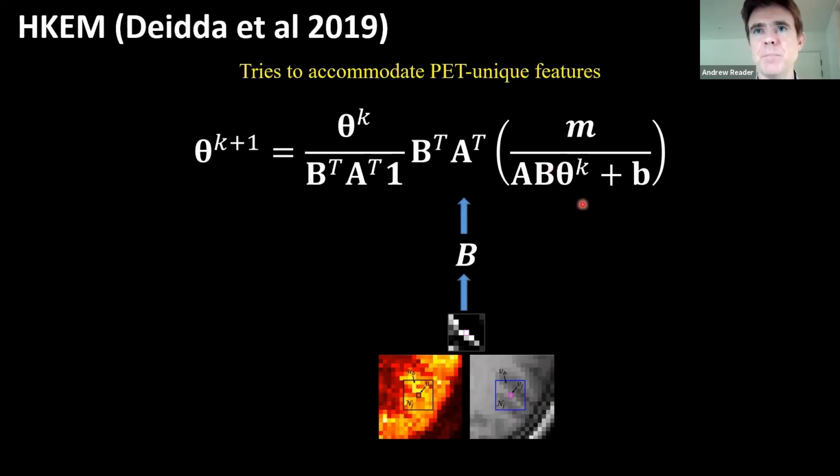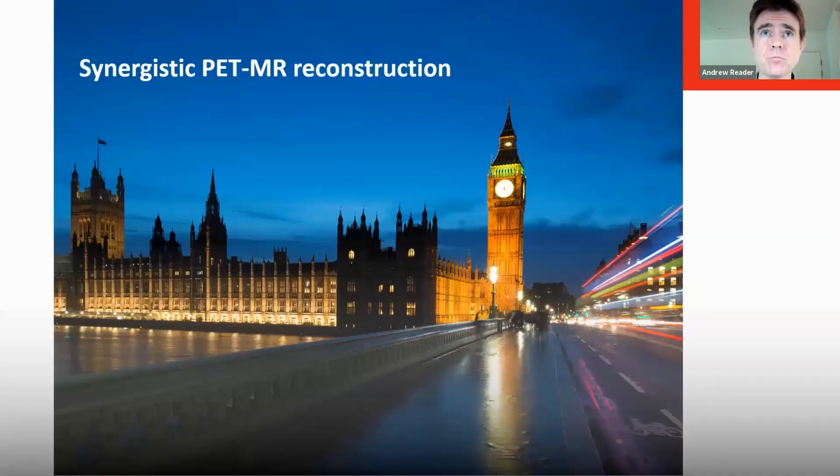And then you're just doing MLEM to calculate the coefficients, except of course here with hybrid kernel EM, you're going to have to revisit the definition of your matrix B based on your current PET reconstruction. So the frequency of update of that basis function matrix is obviously a key question here. Okay, so just to finish, I'll touch on some of how we deal with some of the issues.